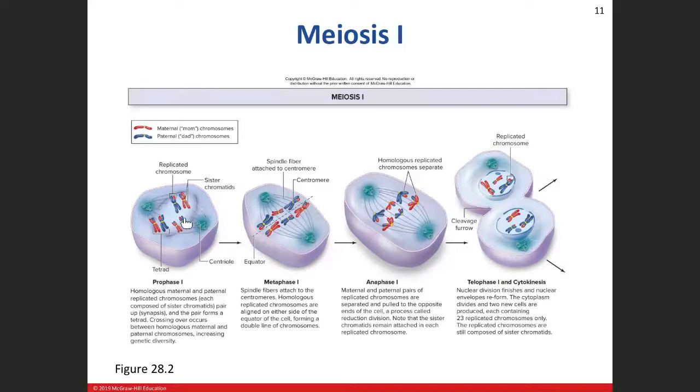And these centrioles suddenly appear and they migrate to opposite ends of the cell because they're going to get ready to form what we call the mitotic, or in this case, the meiotic spindle. It's going to shoot out these microtubules here, and attach those microtubules to these chromosomes. Okay, so this is what we're starting to see in prophase 1. These homologous pairs are going to start to group up with one another. Okay, they're going to hang out for a little bit.